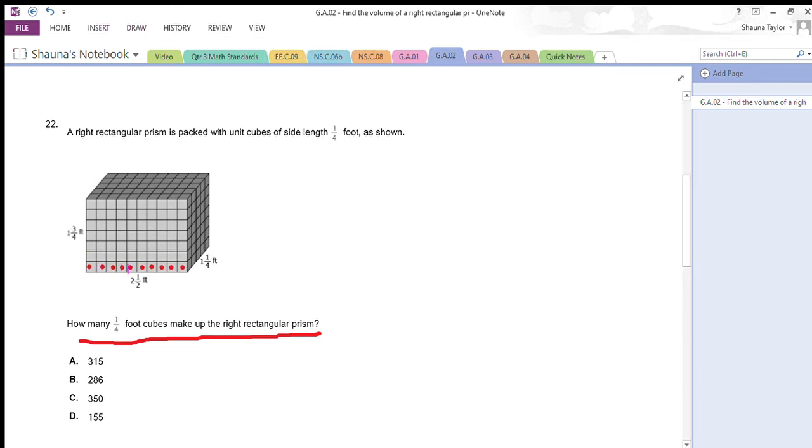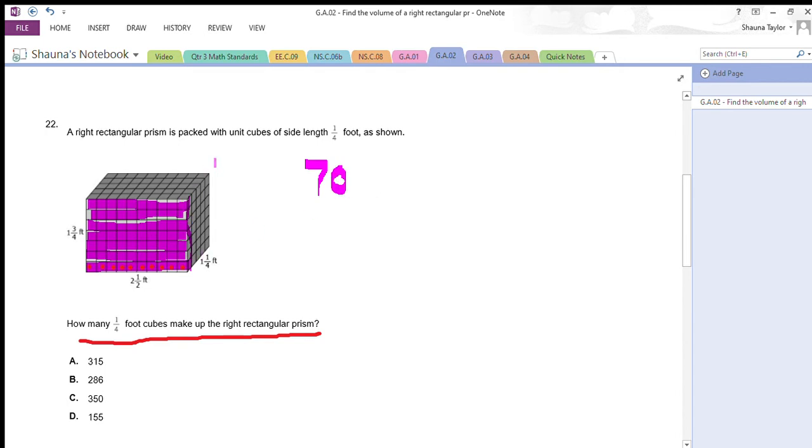So you agree with me that this is 10. So this is 10. So that's 20. There's 30. There's 40. There's 50. There's 60. And last one, there's 70. So just for this first row, there's 70. Okay?